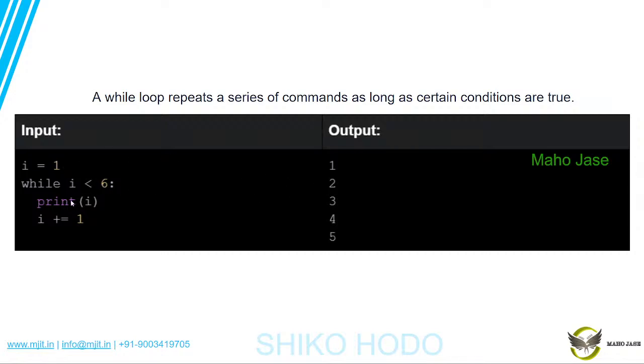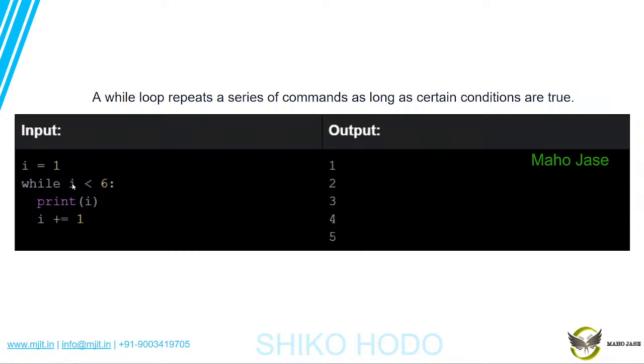And next, i increases again by i plus 1, so it goes to 3, and again increases to 4 by adding 1. After that, it also increases to 5. Previously it was 1, increased to 2, 3, 4, and 5. Now the condition here is i less than 6.